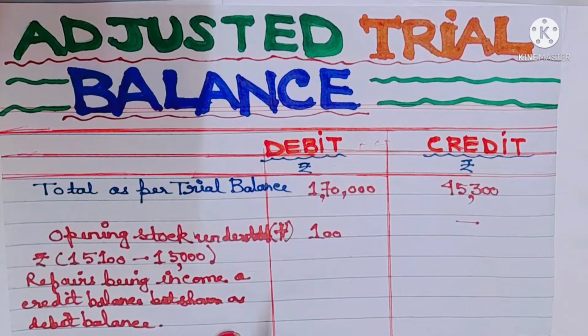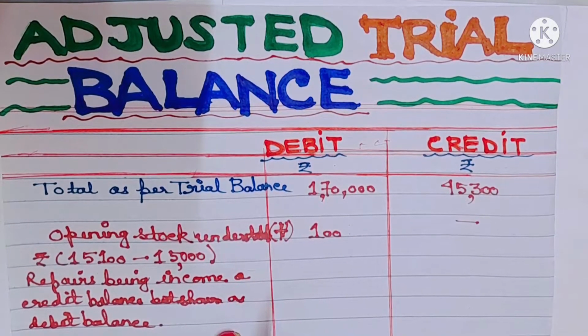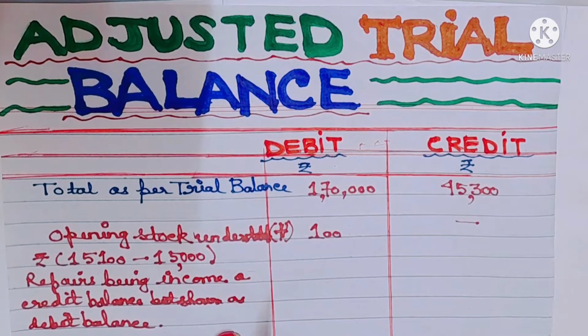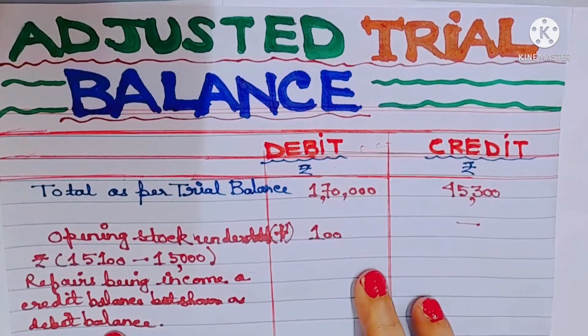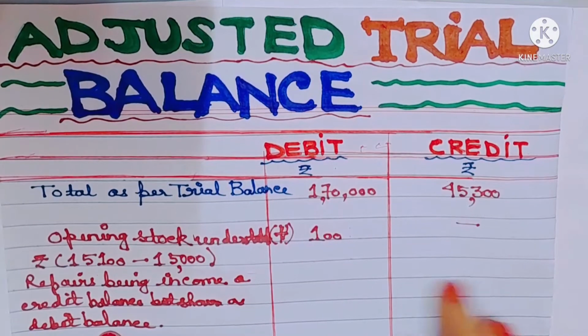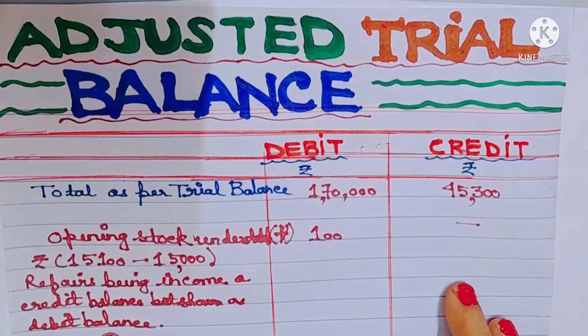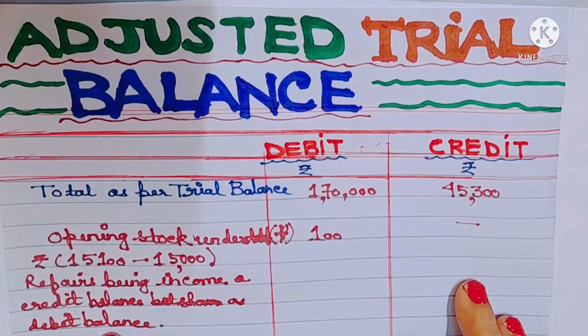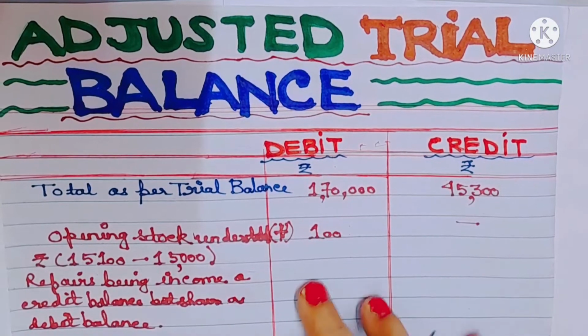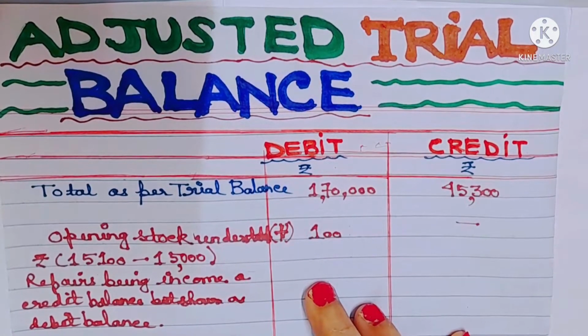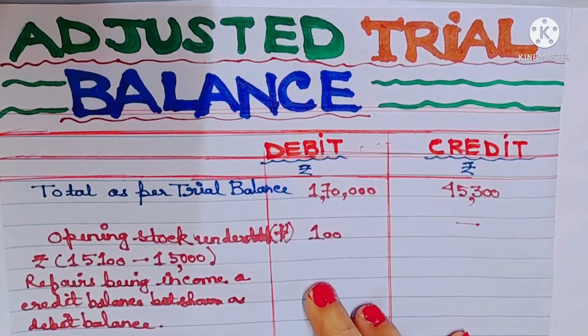Since this is the trial balance of a shoe repairing firm, we'll see from the point of view of the shoe repairing firm. So repairs is an income. So 62,000 should have been written in the credit column. Instead of writing in the credit column, they have written in the debit column the same amount, 62,000. So what is our job? Our job is to cancel the amount 62,000.